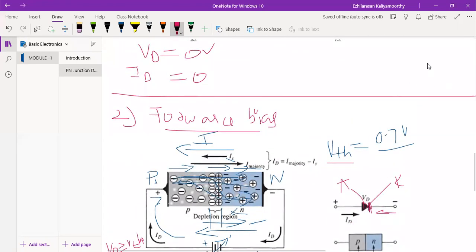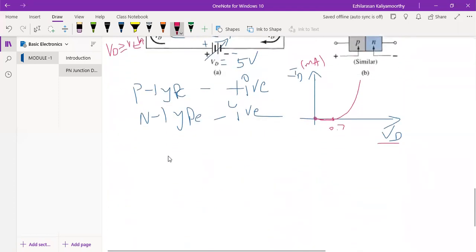What is the analogy? Think of a pipe. See, this is the pipe. Let me explain with the analogy so you may get it clearly.